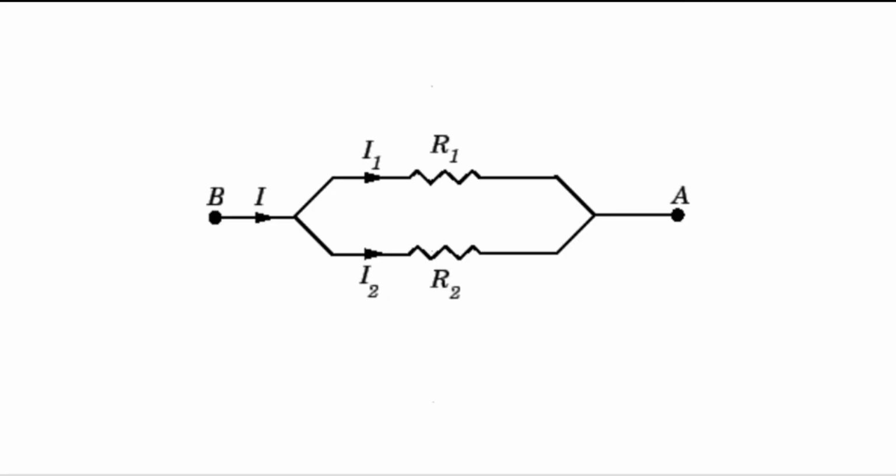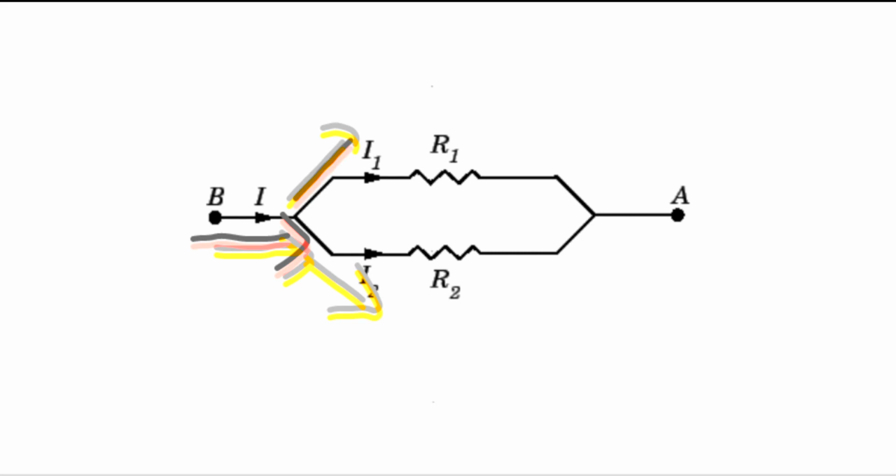Now this is in parallel because when the current comes here, at that point it is going to divert into this. So it is not the same current that flows into the two sides. The current moving this way is going to divert.